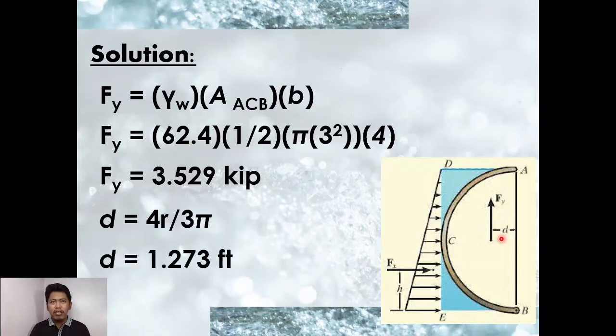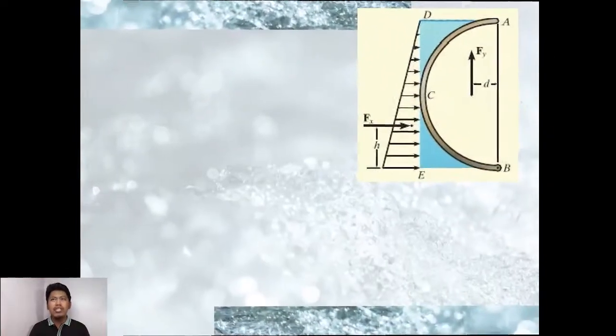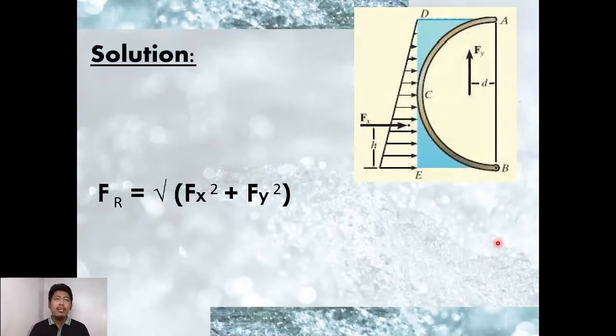Okay, substitute natin, 4 multiplied by 6 over 3 pi. So that is 1.273 feet. Ayan yung ating location para dun sa vertical component. Since meron na tayong horizontal component, meron na tayong vertical component, let's answer yung isa dun sa hinahanap, which is the resultant.